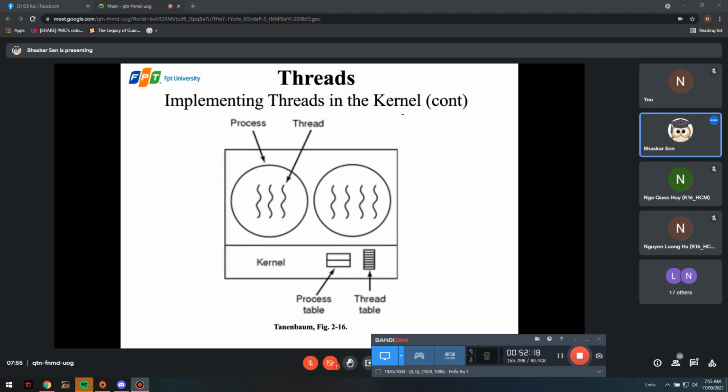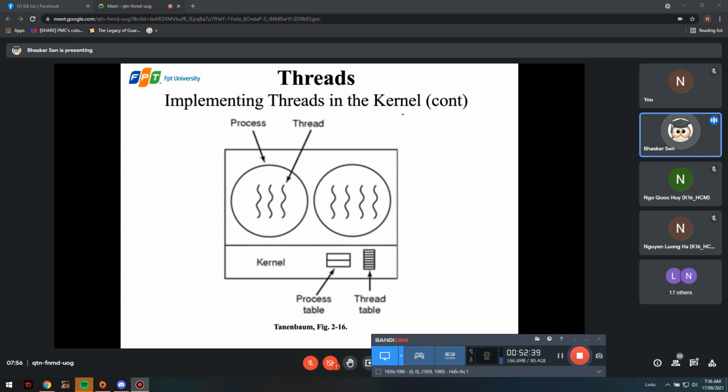if you hand over everything to the kernel, all the thread operations will become very slow. So that's something that we want to avoid as well, right?